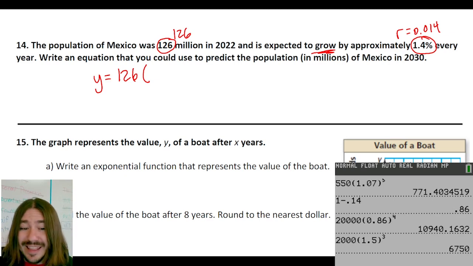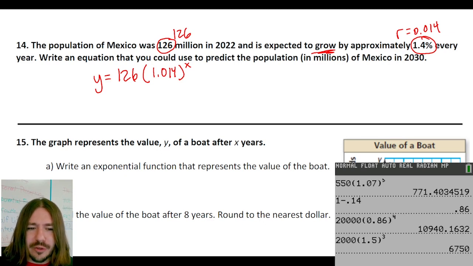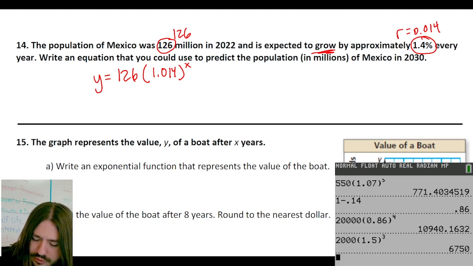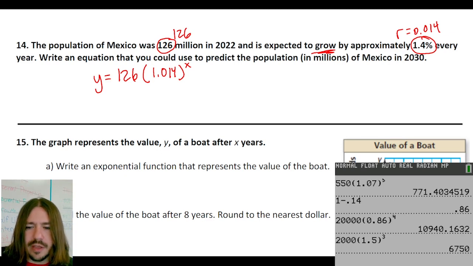And I think that satisfies what the question's asking, but just to go above and beyond, I'm going to find what the population is in 2030. So 2030 is going to be 8 years after 2022. So what we want to do here is substitute 8 in for x. I'm going to say 126 times 1.014 to the power of 8, and I'll throw that in the calculator.